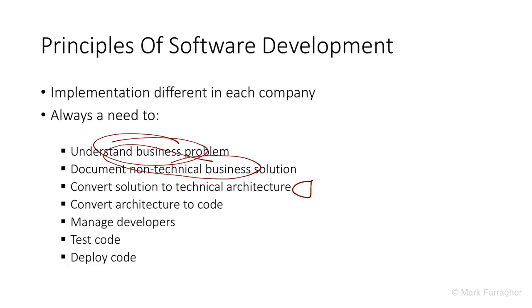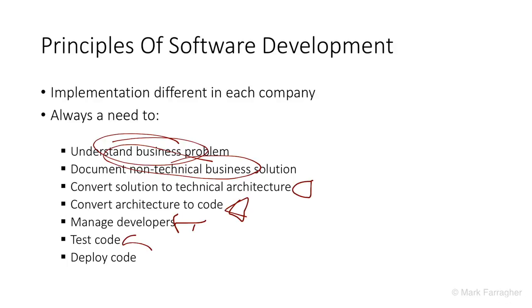Then you need someone who takes that high-level architecture and converts it into actual code. So that would be the developers. So that would be this role. There will be a need to manage developers. Someone will have to take the lead and take ownership of the actual development. Right here. Someone will need to test the code to make sure it's up to quality standards.